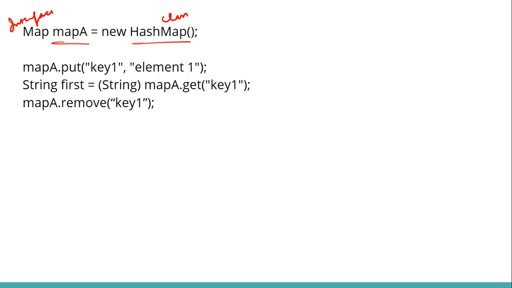Correct. Now how do you put data into it? You use the put function, provide the key, then provide the value. Now if you want to check the value at a particular key, you just say map.get key name, right? And when you want to remove, you say map.remove.